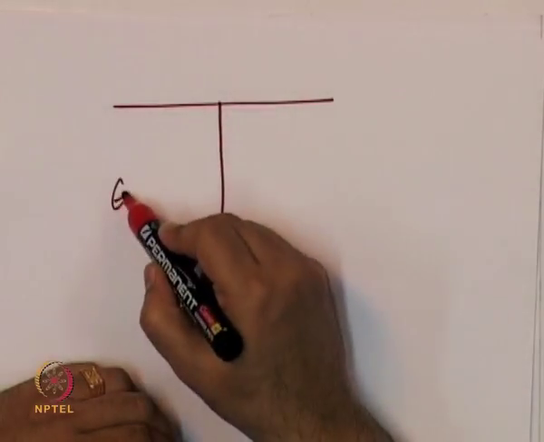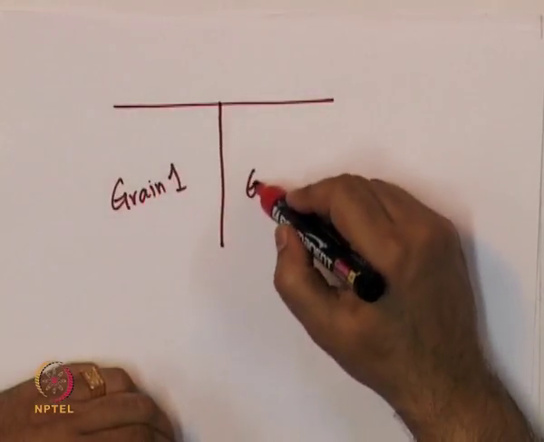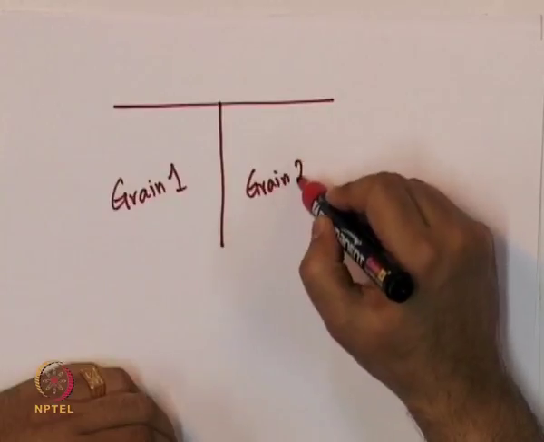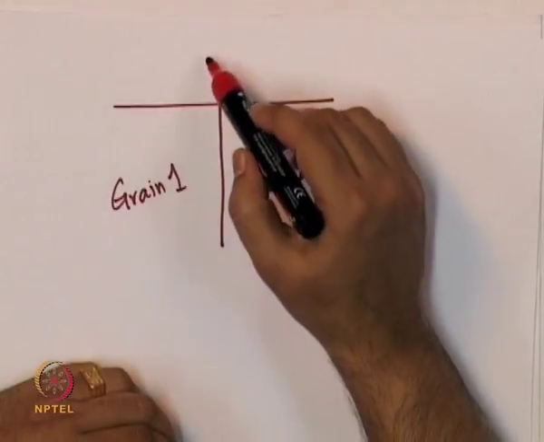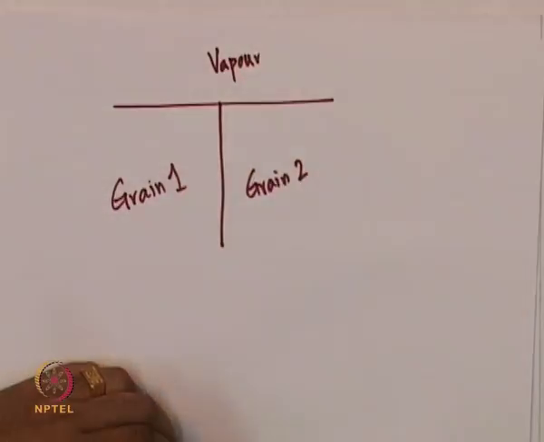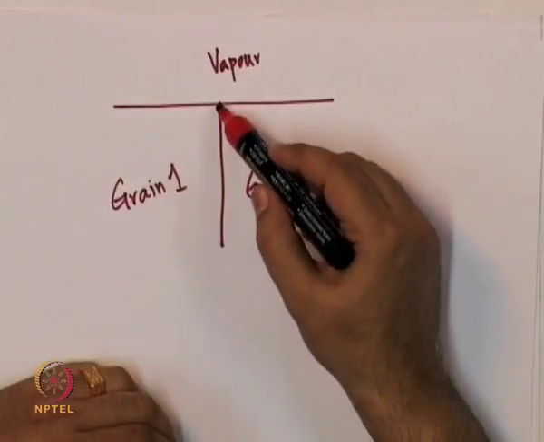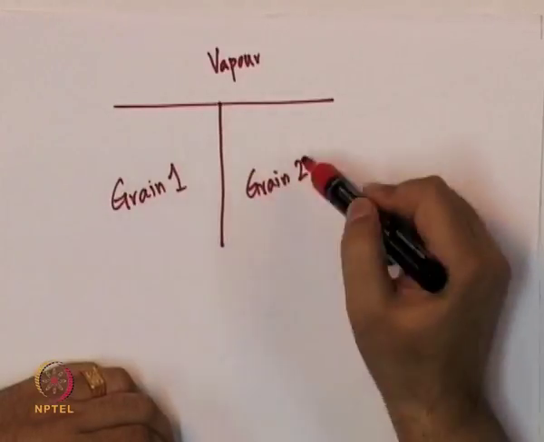So, this is grain 1 and this is grain 2, and let us say that this is vapor. Okay. So, there is no grain. So, we have a surface and that surface consists of two grains.